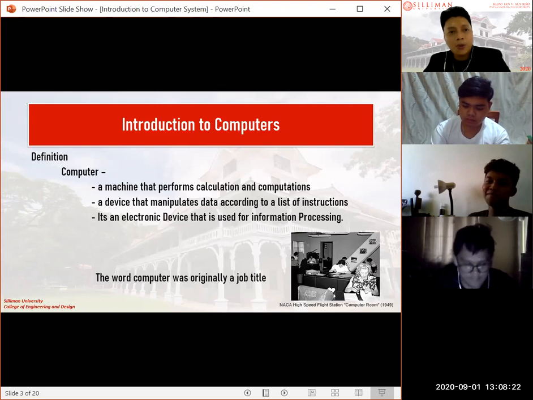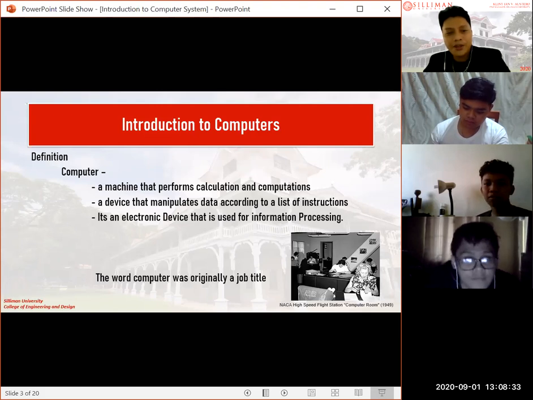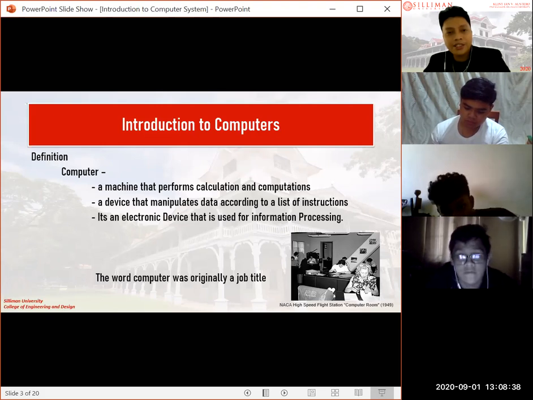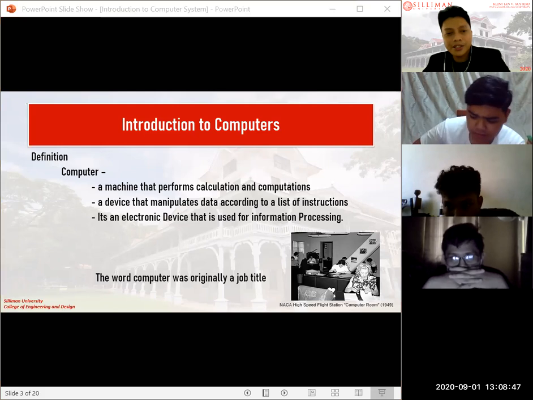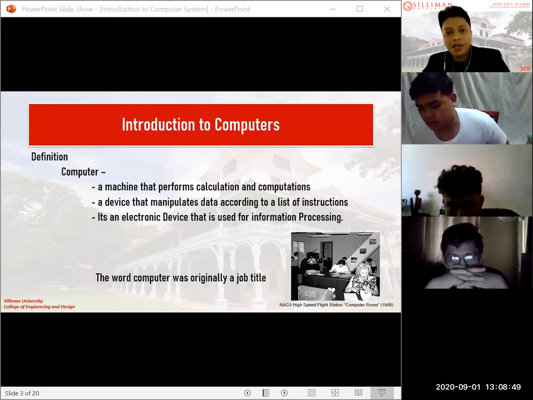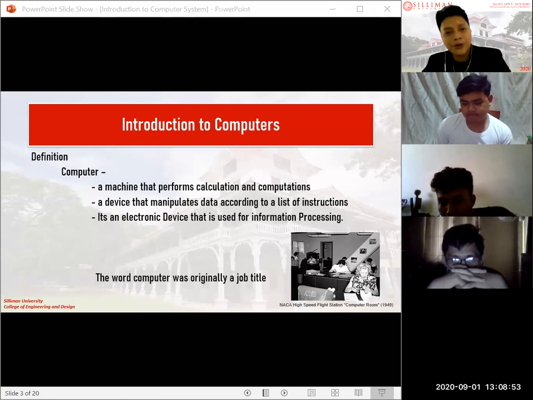So the word computer was originally a job title. You can see there in the picture in 1949, those ladies there are what we call computers. During that time, it was like engineering today. It's a job title. So if you were an engineer in the past, there was what we call a computer. It's very awkward seeing people calling themselves a computer.